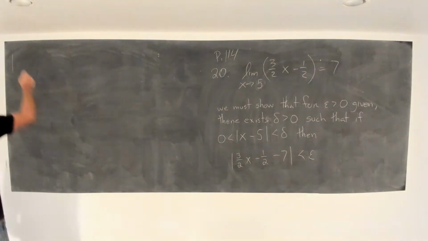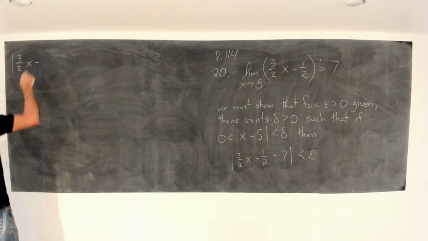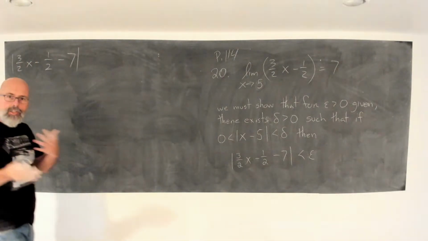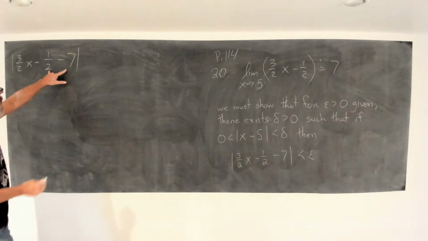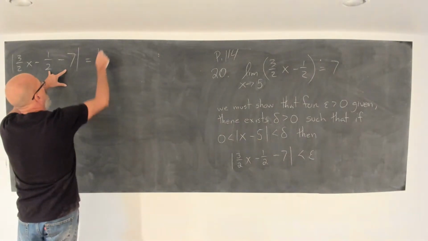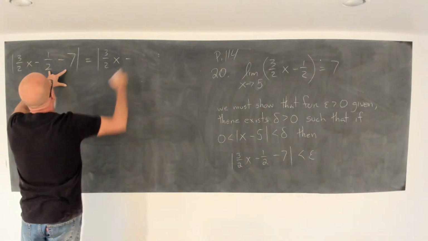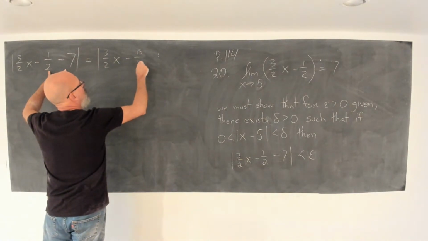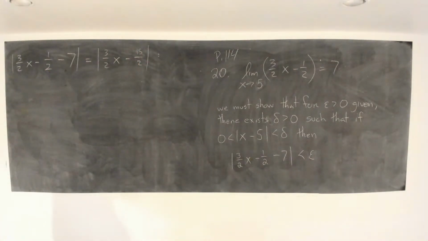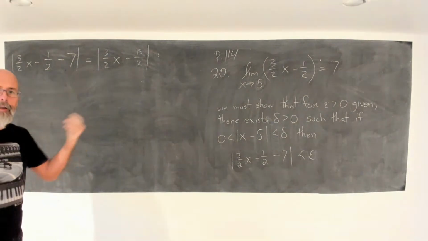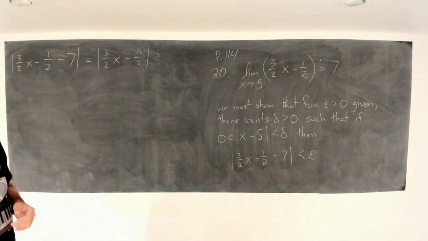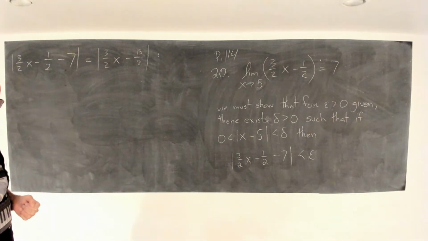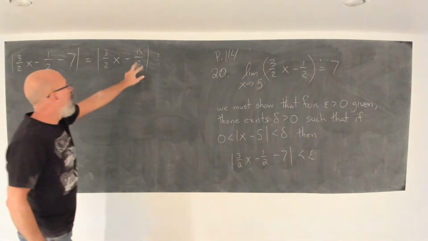Let's start with this. 3 over 2x minus 1/2 minus 7. So we start with this. Let's simplify. Maybe a common denominator here. Minus what? 14 minus 15 over 2. You could very well be asked to prove this on a test. Let's factor out a 3 over 2.